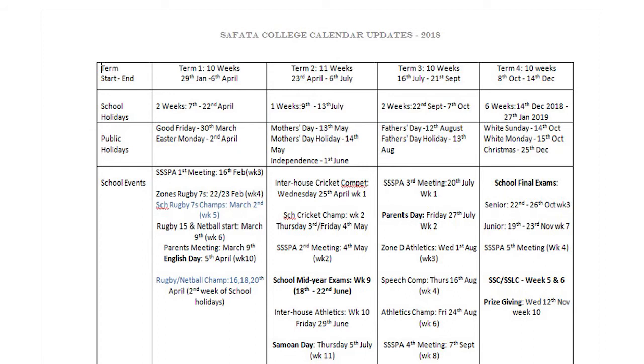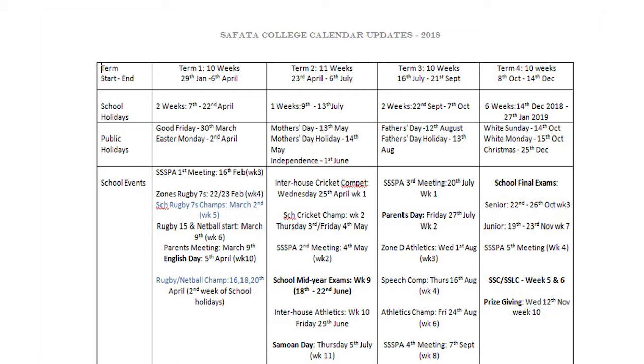Okay, so looking at the school calendar, because your plan should be based on the school calendar. The school calendar is also based on the ministry, the MES yearly calendar. So I'm using my school calendar as an example.